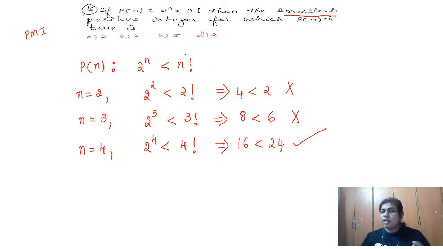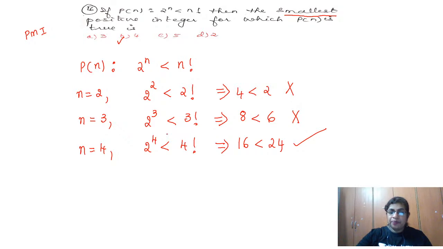I need not calculate the next number because the smallest positive integer I found, 4, will work. So the answer is option B, which is 4. I hope this is clear. No doubts? Okay, we go to the next question.